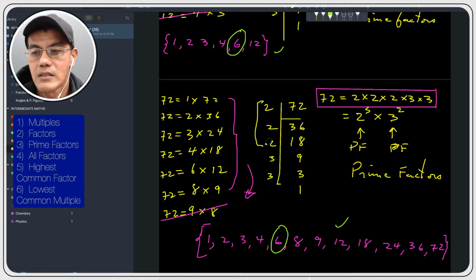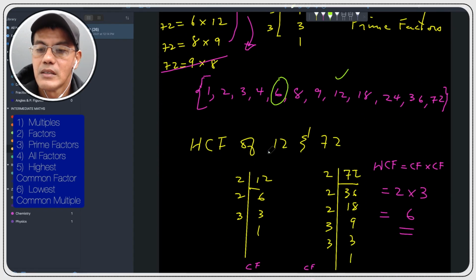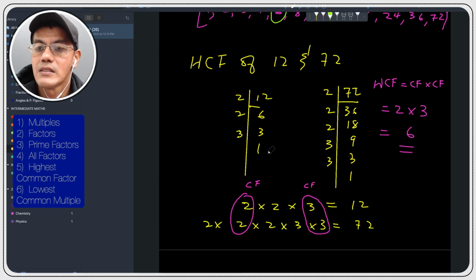Okay, that's one method. A better way to do it is to decompose the numbers the way I showed you here. When you finish decomposing the numbers, you identify the common factors and you multiply all the common factors, and the product of the common prime factors will give you the highest common factor. So how to find the highest common factor?